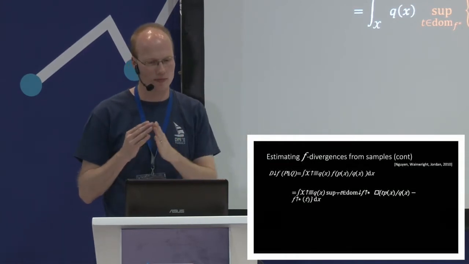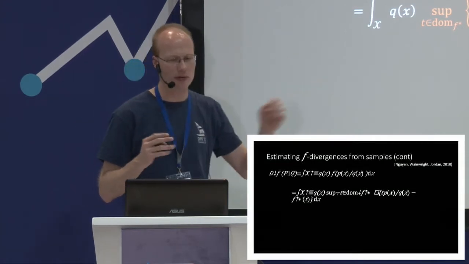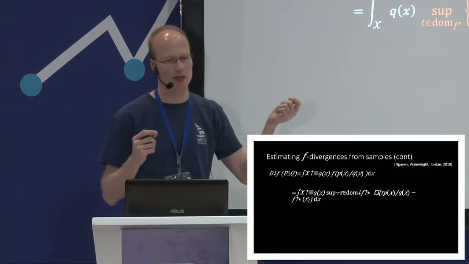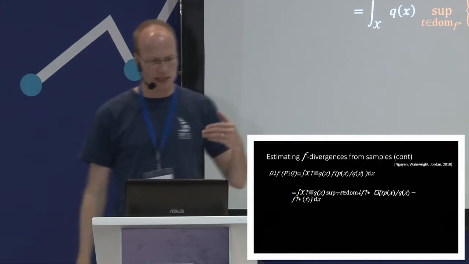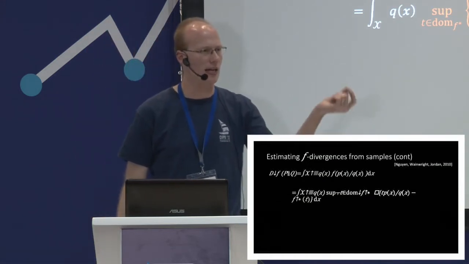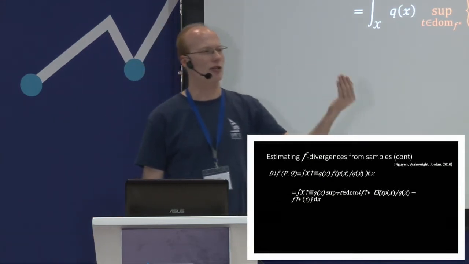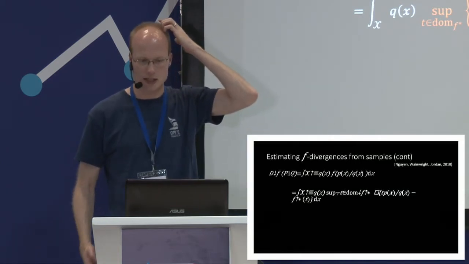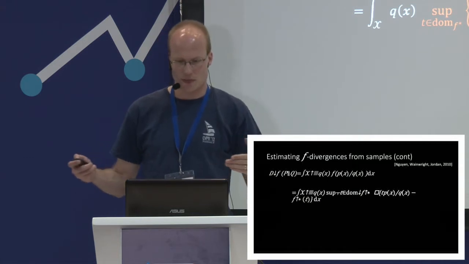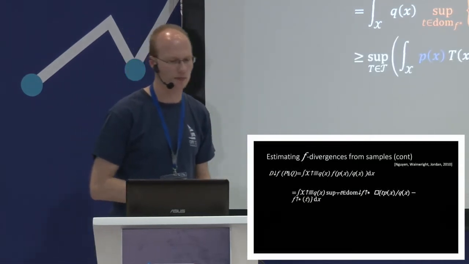So before we can pull out the supremum, we would have to do something about the t, because we would lose the dependence of t on x. And the way we do it is we go from a lowercase t, which is a scalar that we optimize, to a function, t of x. So t of x is now a function, and that allows us to actually pull out the supremum.